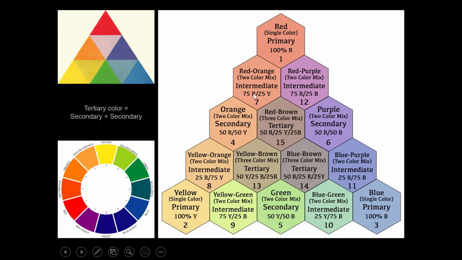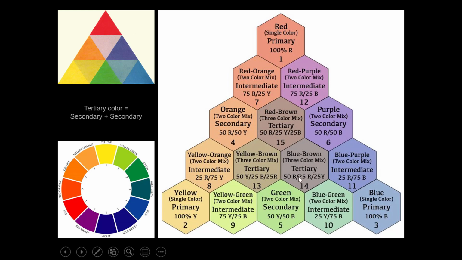So we call it red-orange instead of orange-red. That's what's happening on the outside of this construction. We've got primary plus primary equals secondary. Primary plus adjacent secondary equals intermediate.